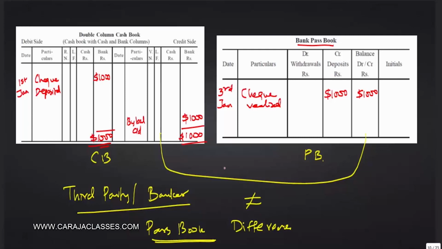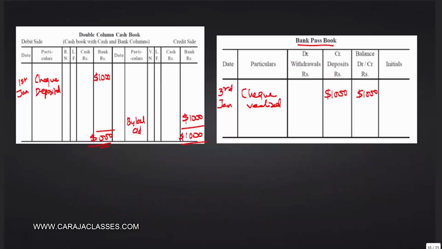And here, if you note now, on 1st Jan your book says $1,000, on 2nd Jan also your book will say $1,000, whereas on 1st Jan and 2nd Jan your bank passbook will say you don't have any balance with them.